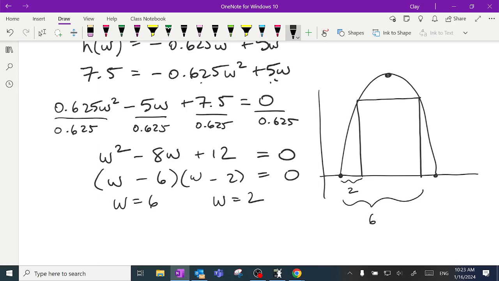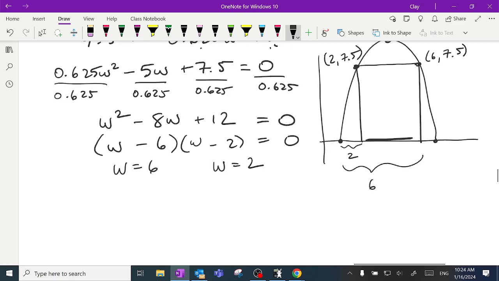So, right, when x is 2, y is 7.5, and when x is 6, y is 7.5. So now I can find how wide this is. How far is it from this point to this point on this picture?